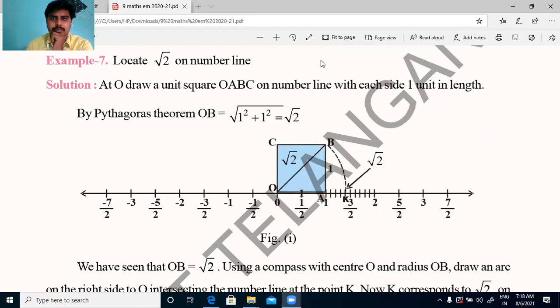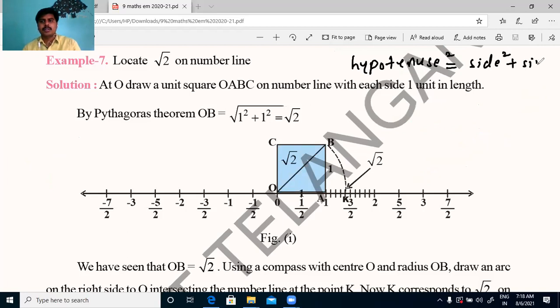See, what is the Pythagoras theorem? Hypotenuse square is equal to side square plus side square. Okay, clear? Hypotenuse square is equal to side square plus side square. So why do we need to use the Pythagoras theorem?